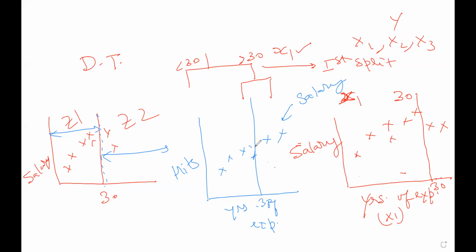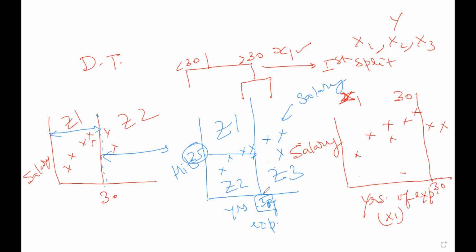And we are saying which variable now should enter the equation. Say we find out the hits greater than or less than 25 is what really makes the difference. So 25 hits. Now we have zone number 1, zone number 2, zone number 3. So we have now got 3 zones out of this data, right?